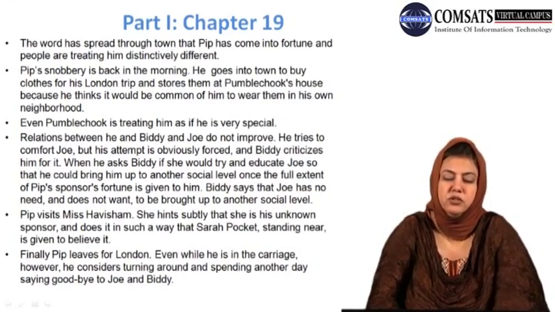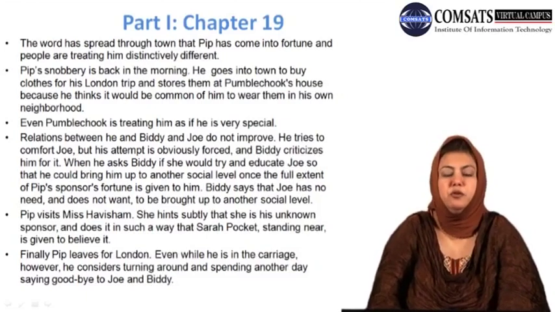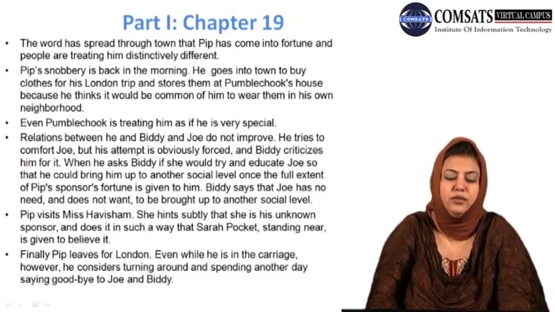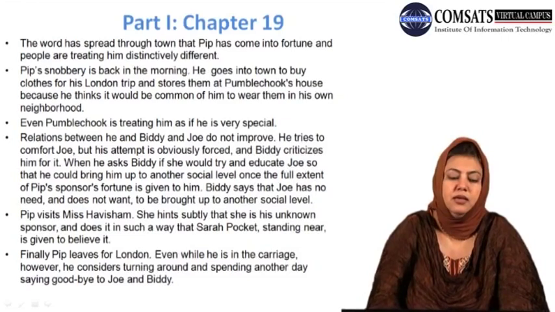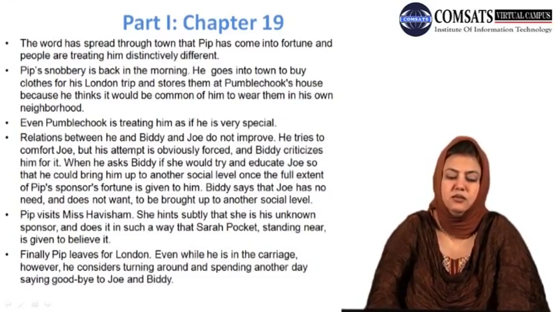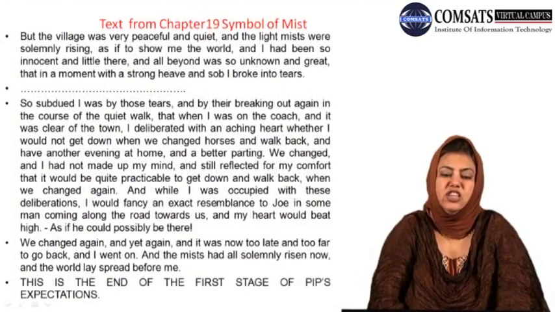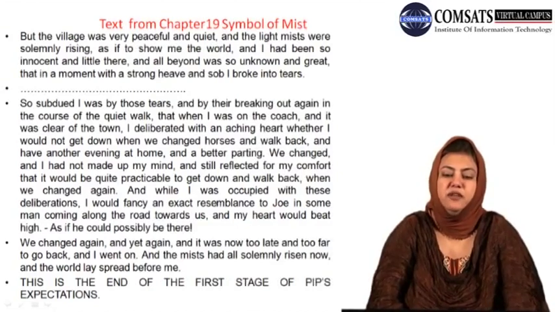Sometimes he is pushed towards his future, but at the same time sometimes he is pulled back, and his true and genuine love for Joe makes him think about him. So here he is thinking of staying for yet another day to say goodbye to Joe and Biddy. Dear students, in this chapter the relationship of Joe, Biddy and Pip is taking yet another direction, yet another dimension. So it is very, very important for us to understand this.